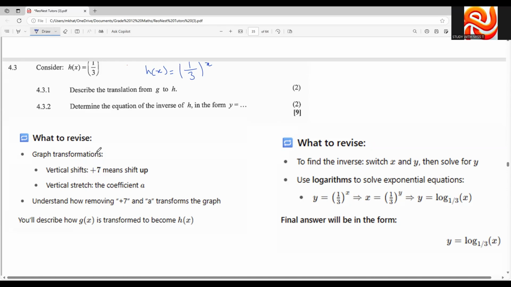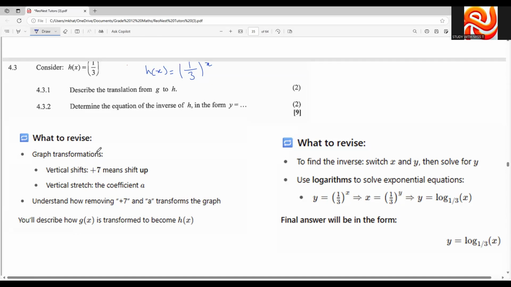Now, for us to go to h of x, there was a shift whereby the b, which is the y-intercept, was shifted. And for us to remove 7, we need to minus by 7. So for us to minus by 7, that means there was a translation 7 units down.